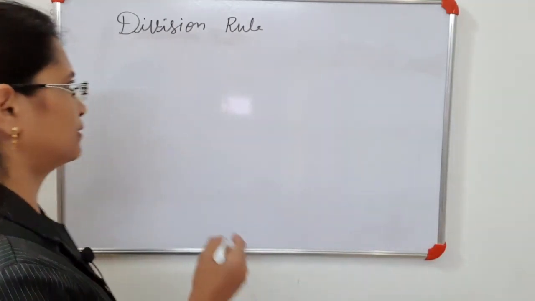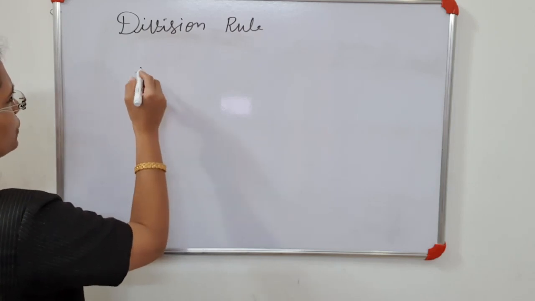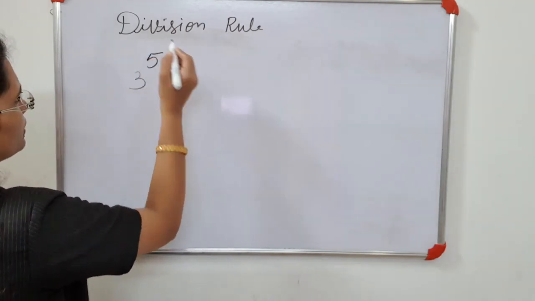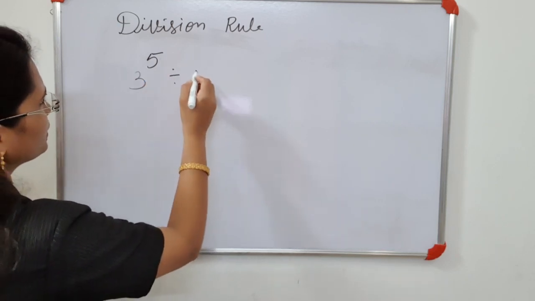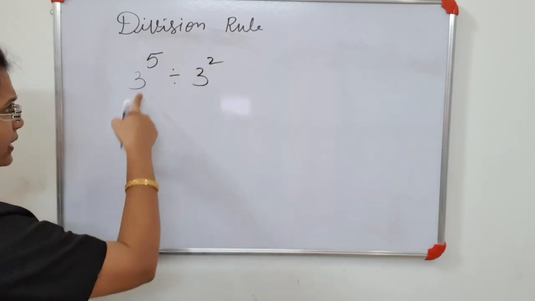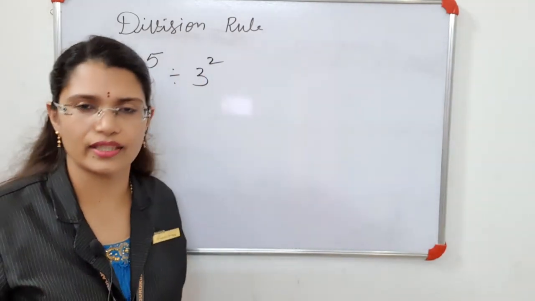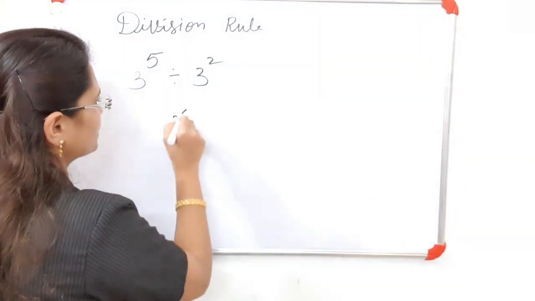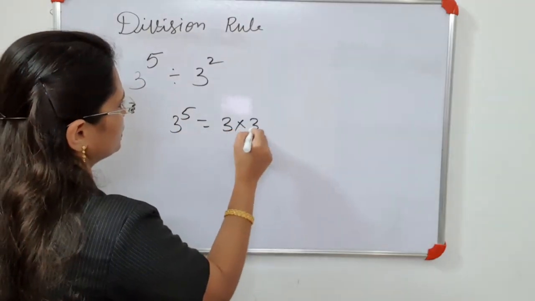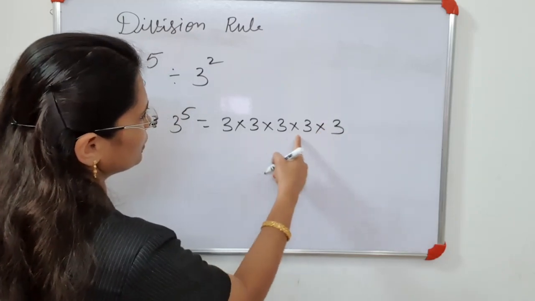Let's do with the help of an example. So 3 raised to 5 divided by 3 square. You know that 3 raised to 5 is equal to 3 into 3 into 3 into 3 into 3. 1, 2, 3, 4, 5.